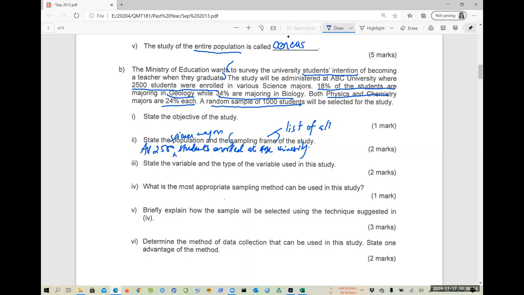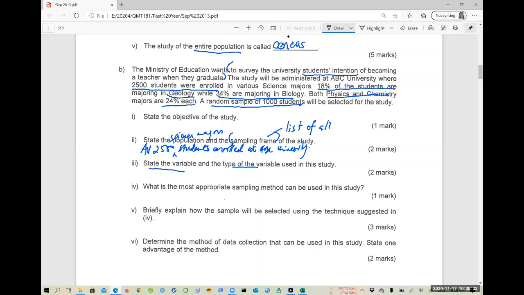And then for the third one, they ask you to state the variable. So just state the variable and type of the variable in this study. There are two things that you need to give an answer here. One is the variable, and then what is its type.